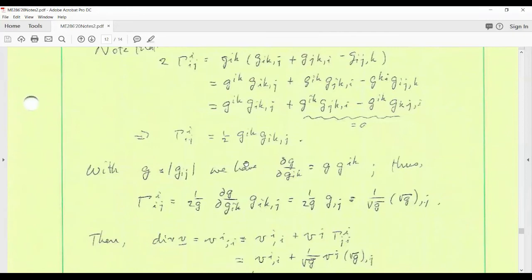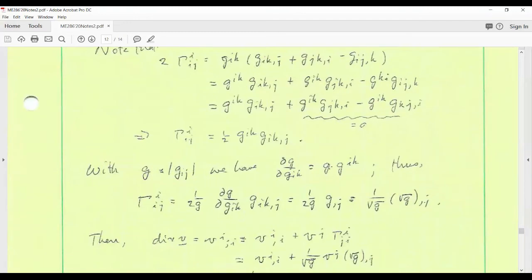We can remember, if we introduce the determinant of the metric, call it g, the determinant of the matrix of metric coefficients, then if we remember from matrix algebra, matrix calculus, the derivative of the determinant with respect to the matrix element is the corresponding cofactor element.